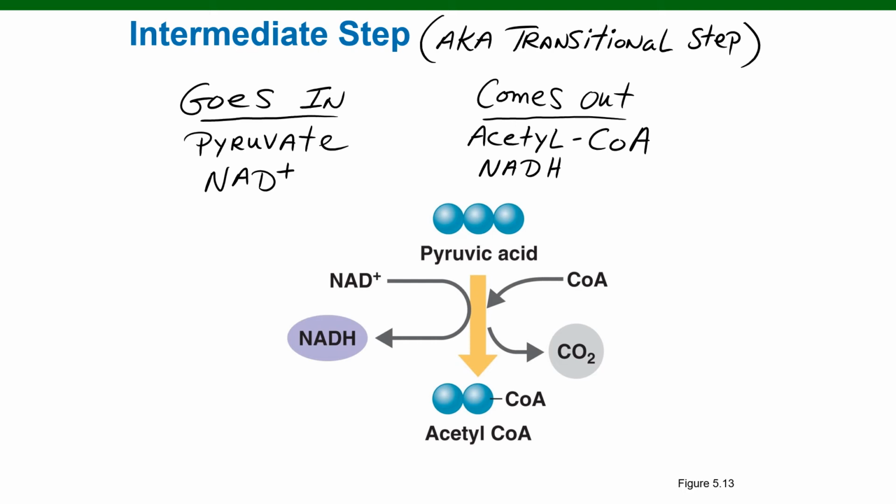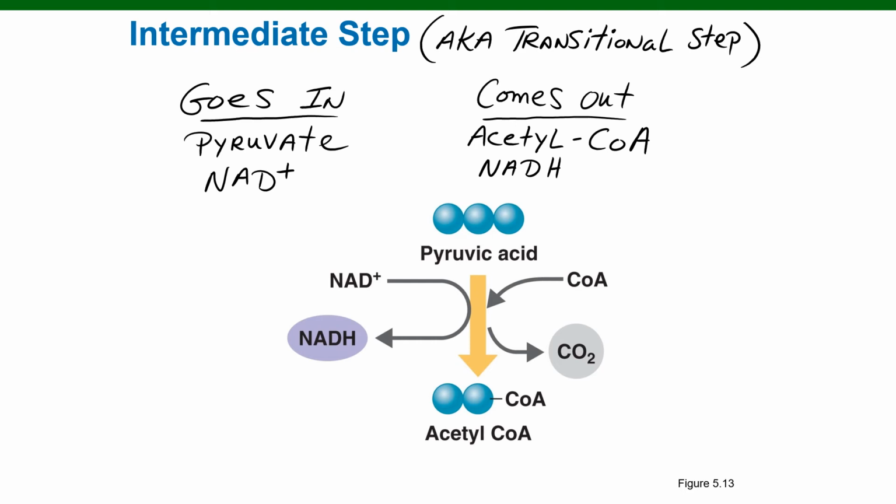Pyruvic acid is a 3-carbon molecule represented by these blue circles here, and this 3-carbon pyruvic acid will undergo a decarboxylation, and CO2 will be released as a gas, and the 3-carbon pyruvic acid will ultimately become a 2-carbon acetyl group. Meanwhile, a coenzyme A is attached to that, so ultimately the end product is acetyl-CoA.